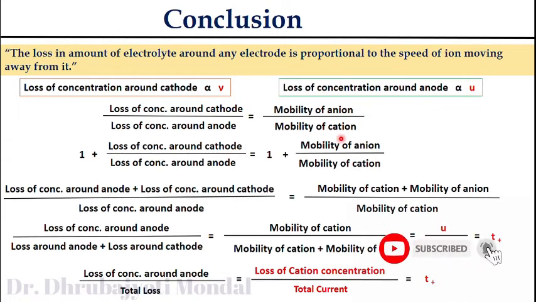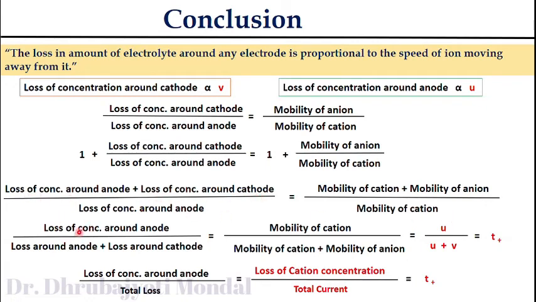Now add 1 on both sides. 1 plus loss of concentration around cathode divided by loss of concentration around anode is equal to 1 plus mobility of the anion over mobility of the cation. So loss around anode plus loss around cathode, divided by loss around anode, is equal to mobility of the cation plus mobility of the anion divided by mobility of the cation. This is the total loss.